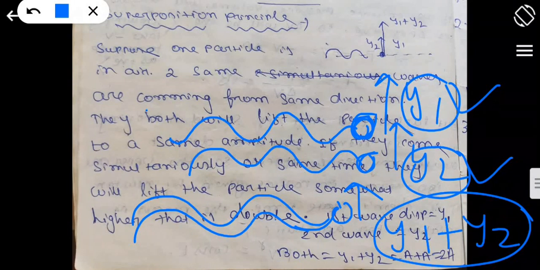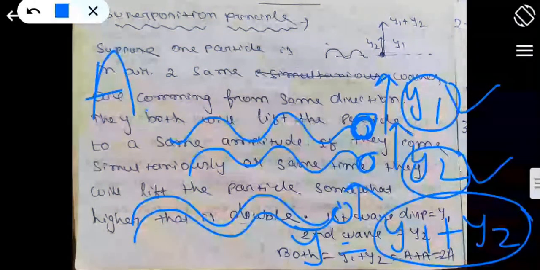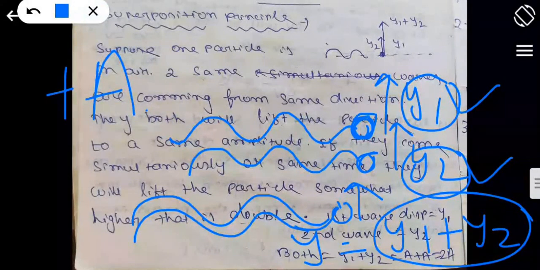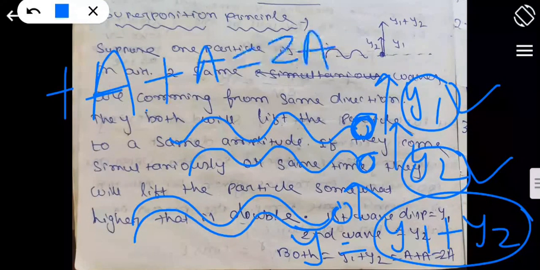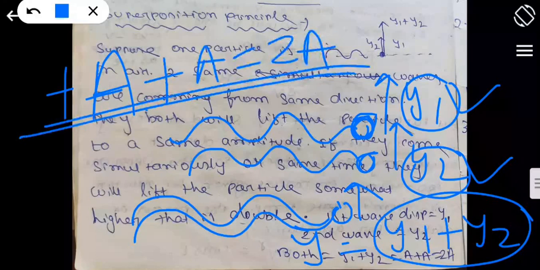So the total displacement is y equal to y1 plus y2. In this case, because we are taking the positive half, the positive cycle only, since a crest is positive amplitude, it is positive a plus a. The answer is 2a. So superposition means simple addition. The word indicates superposition means simple summation.